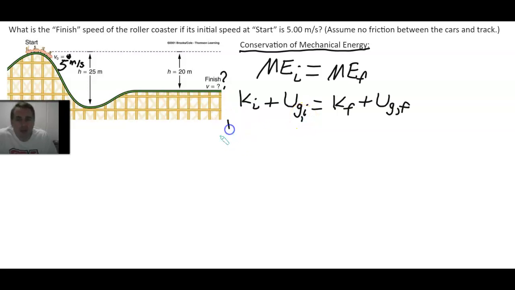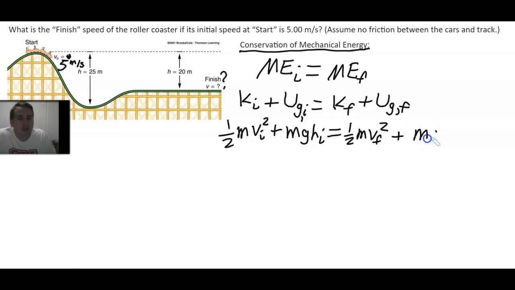So what that means is 1/2 m v initial squared plus m g h initial should equal 1/2 m v final squared plus m g h final.